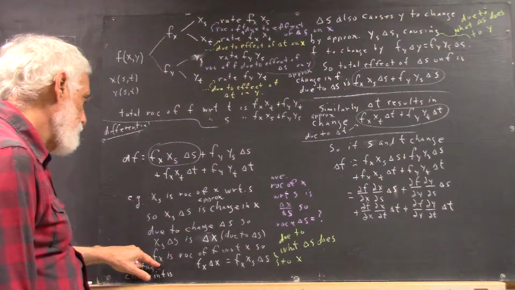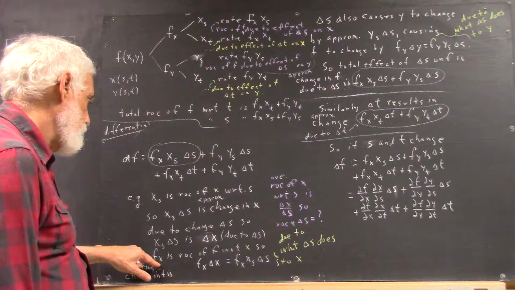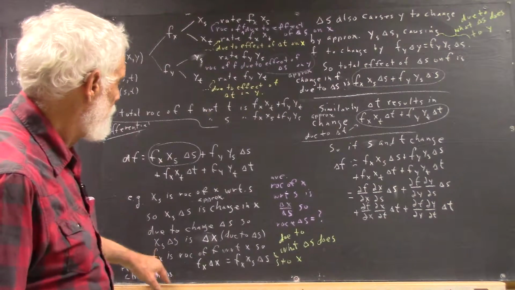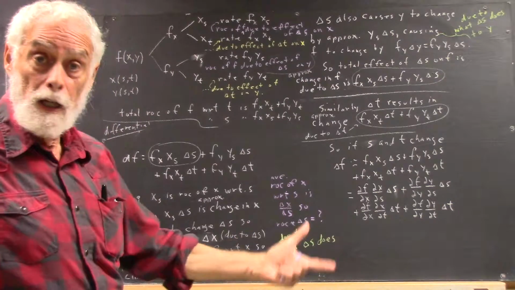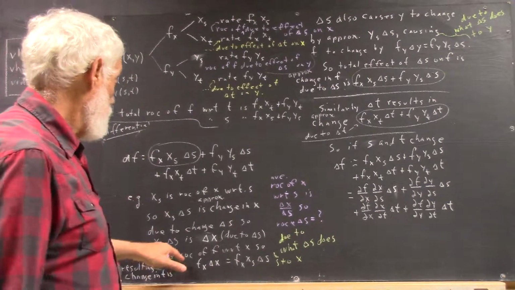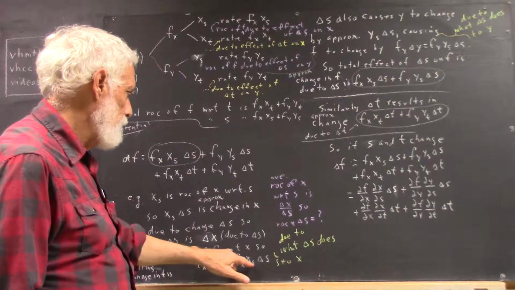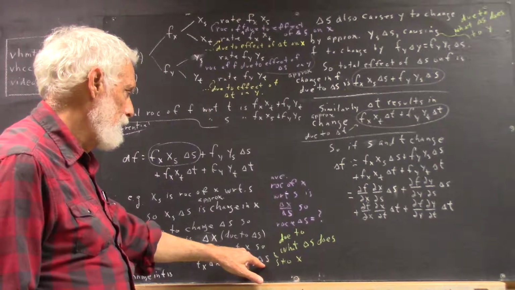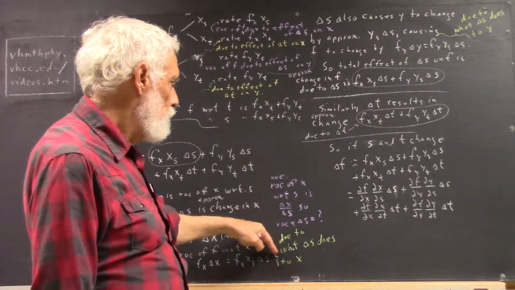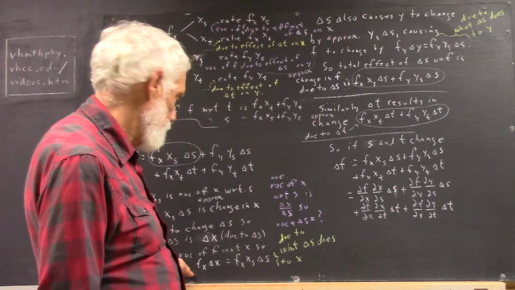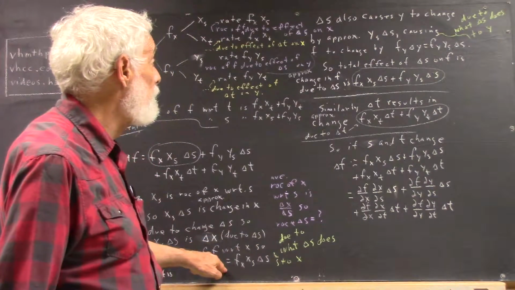Then f_x is the rate of change of f with respect to x, and it follows from the same concept, the same definition, that f_x times delta x would be f_x x_s delta s. And this is due to what delta s does just to x. So again, just due to the delta s.